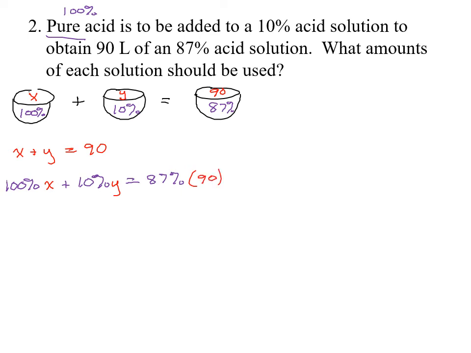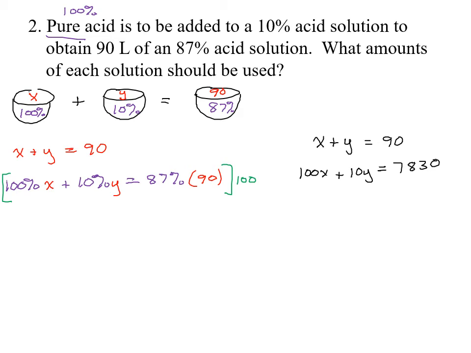And I'm going to get rid of those percent signs by multiplying everything in the problem by 100. And so my two equations end up being x plus y equals 90, or 100x plus 10y equals 87 times 90, whatever 87 times 90 is. Ooh, that's big. 7,830. I had to stop and put that in the calculator.